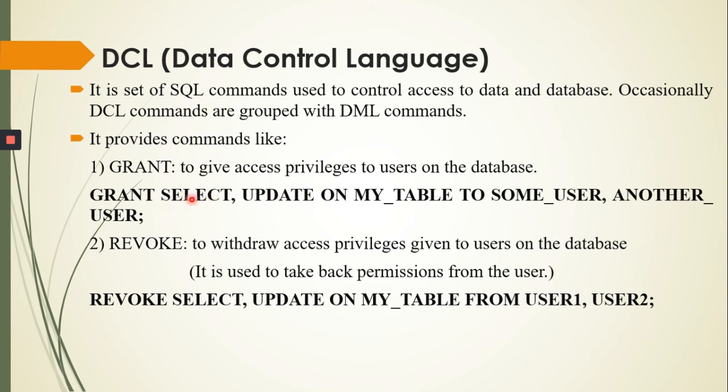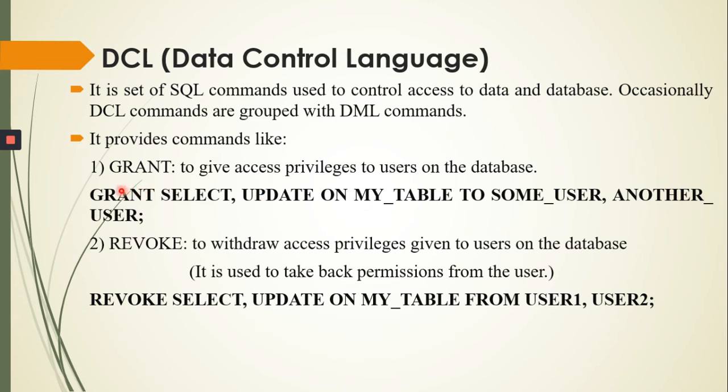So we can retrieve the data and we can modify the data on my table. Here we have to provide the table name: from which table the user can select the data, on which table the user can update the data, to some user, comma, another user. Suppose that there are multiple users, then we are giving this permission to some users only.